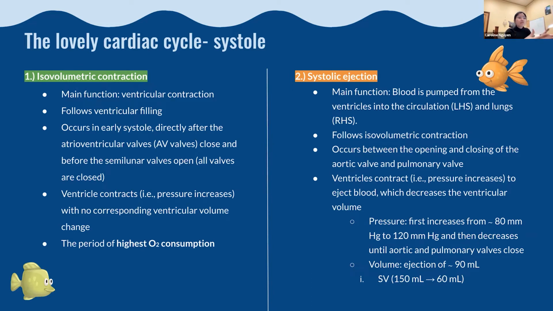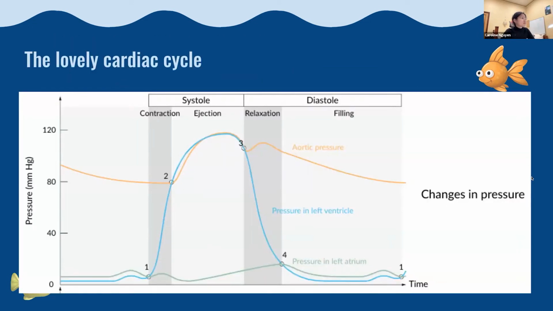Ventricles contract, blood is ejected, and as soon as blood leaves the ventricles, the volume in the ventricle decreases. Here are some numbers that, if you want to, you can learn. So far we've covered contraction and ejection. This is the pressure in the left ventricle.